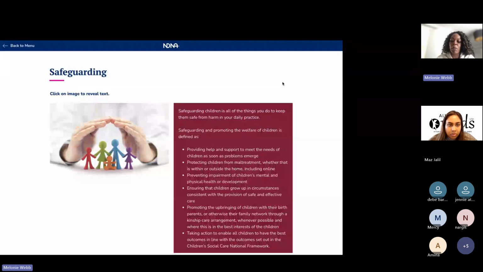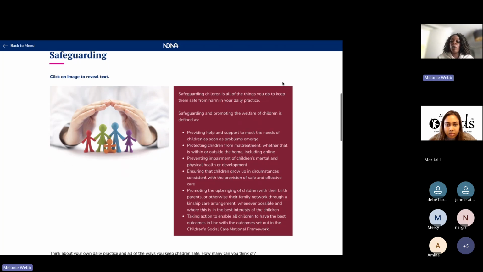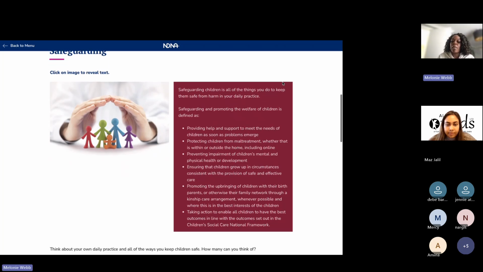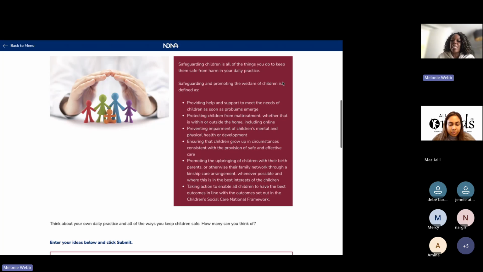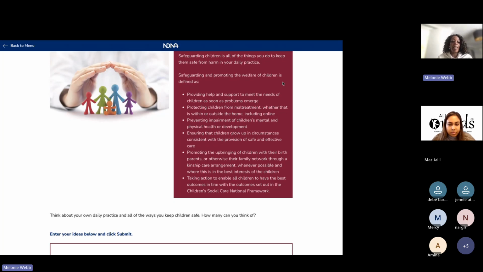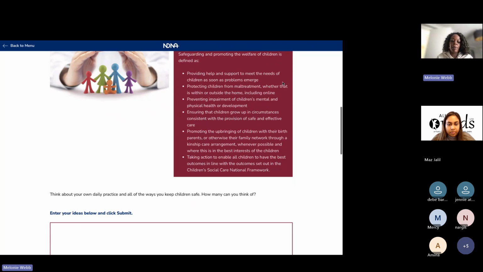So, a kinship care arrangement might be where a child cannot be protected from harm when they're living in their family home. So it could be that they go to live with a relative, a family member, whether it's an auntie or uncle. Taking action to enable all children to have the best outcomes in line with the outcomes set in the Children's Social Care framework. And we'll come to that a little bit later.